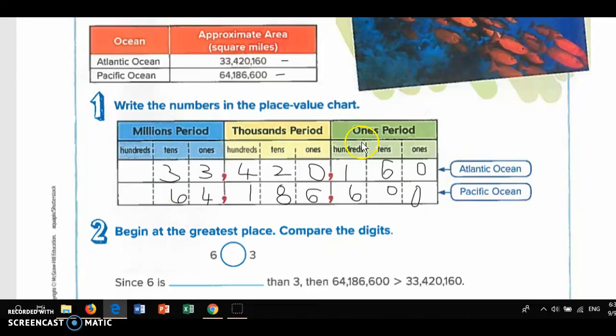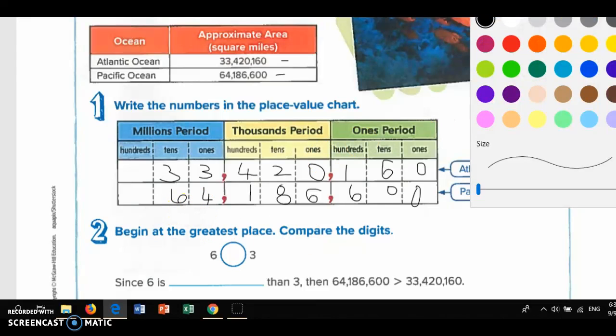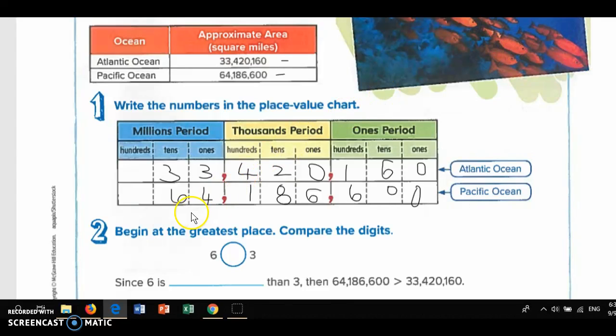So we are going to use the biggest number, the last one, the 3 and the 6. 6 and 3. Now, is 6 bigger or smaller than 3? 6 is bigger, so the open mouth of the crocodile must go with a 6. 6 is bigger than 3.